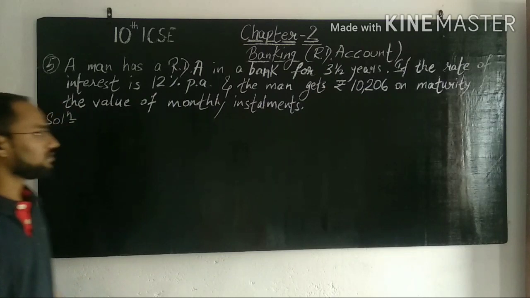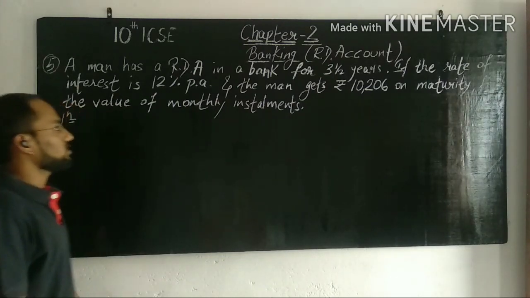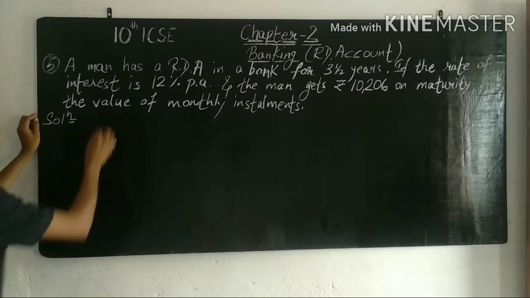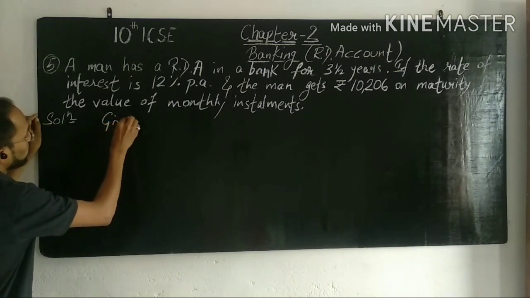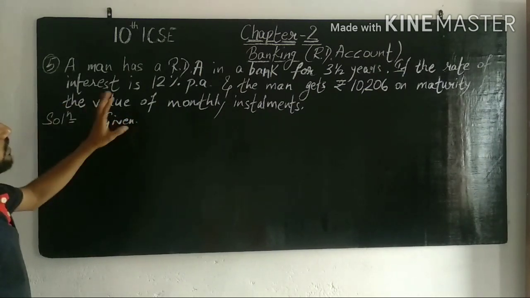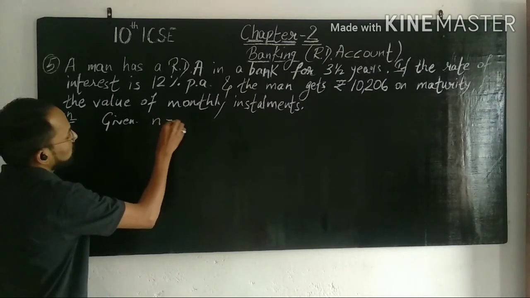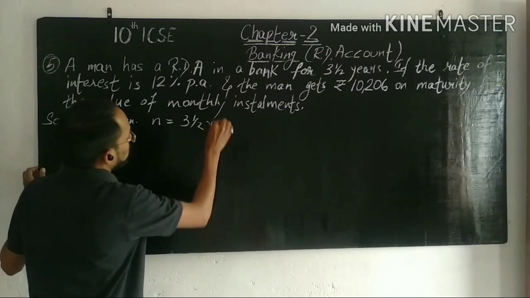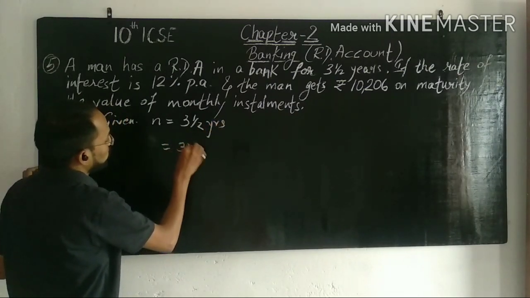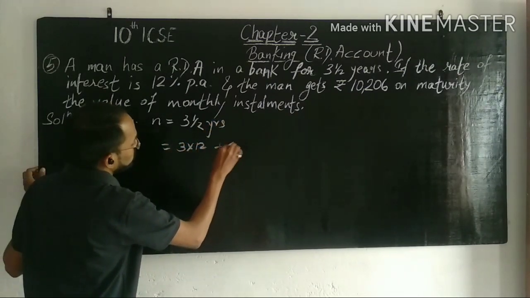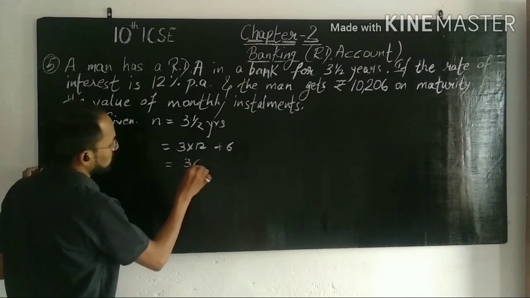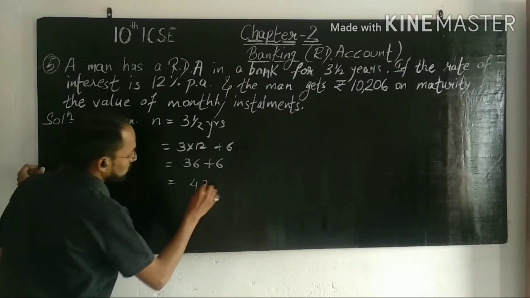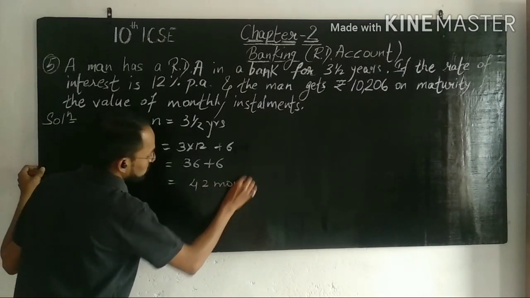In this question, we have to find the monthly installment. So let's first write what is given in this question. Here, the time which is n is given as 3.5 years, that is 3 into 12 plus 6 months, means 36 plus 6, or we can say it is 42 months.